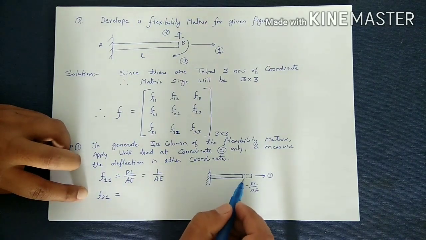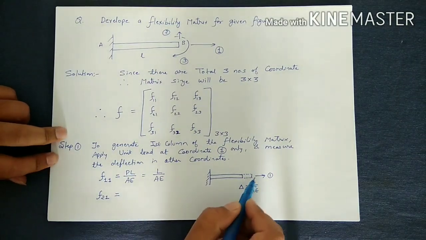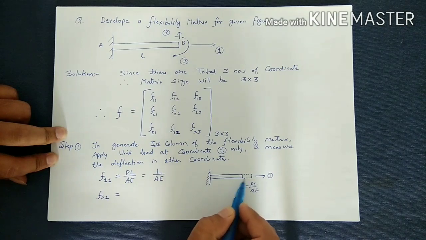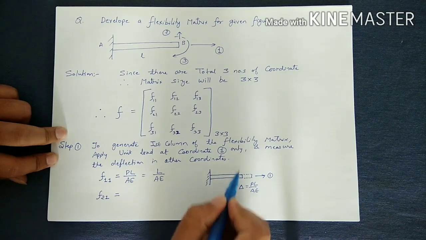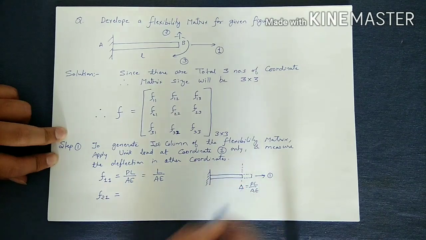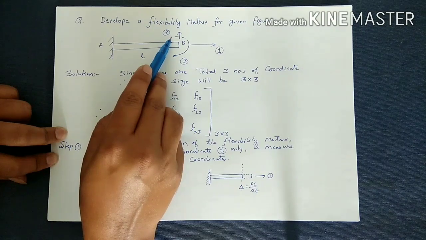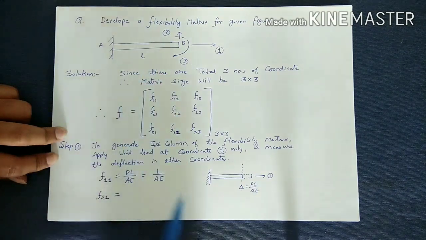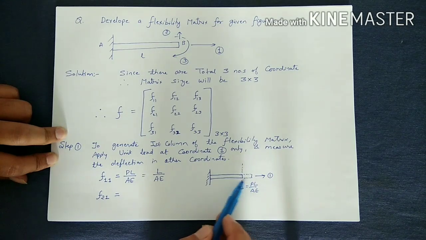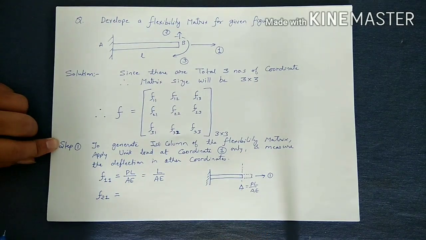So if you have applied unit load at 1, is there any deflection in the vertical axis? As we can see, this force is deforming the bar in the same direction, that is the horizontal direction. There is no deformation in the vertical direction, either in this direction or in this direction. So coordinate 2 is in the upside vertical direction. So this force does not promote deflection in the vertical axis.